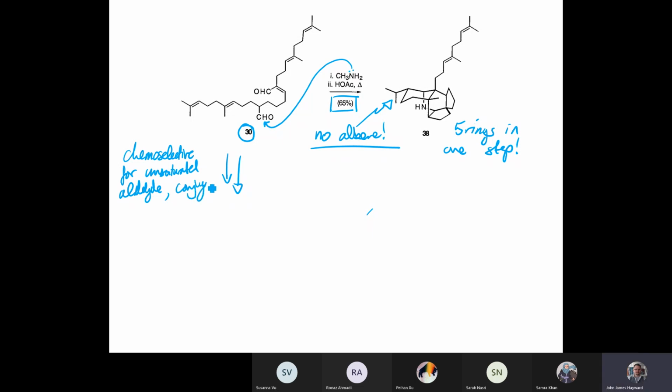The conjugation reduces the electrophilicity. So the imine forms onto the aldehyde, and then it forms the enamine under the conditions of the reaction. The enamine does the conjugate addition we proposed originally, and then you form the azodiene, which undergoes the Diels-Alder reaction, and it undergoes the Prins reaction.